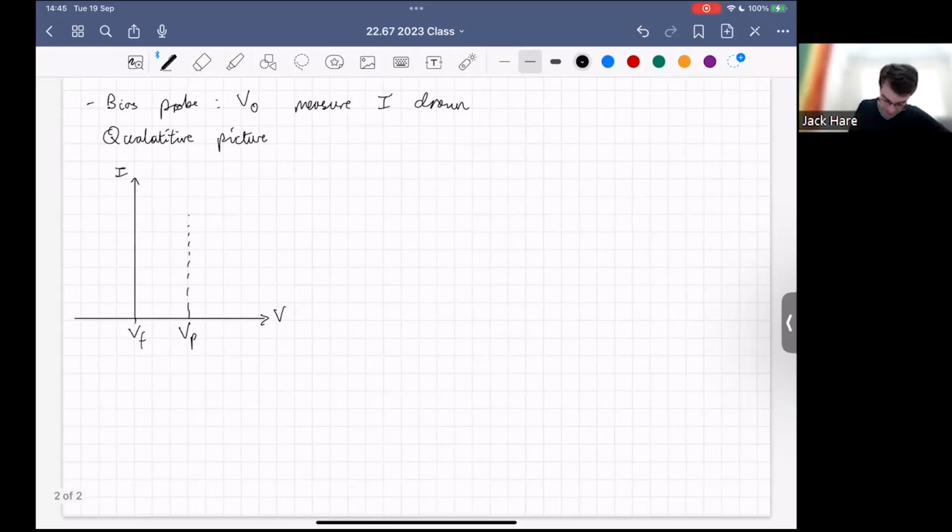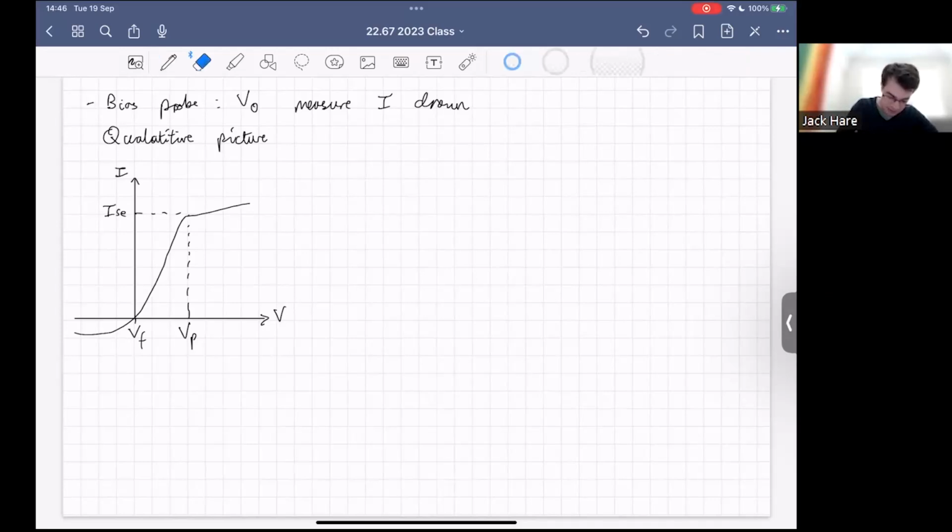And it turns out that we end up with an IV curve that looks like this. And there are a few important quantities on here. There's the electron saturation current. And I'll just draw this a little bit better down here for the ions because it should sort of asymptote. There is the ion saturation current down here. And I will explain where all of these things came from. I just want you to have this drawing in mind while I start explaining it.